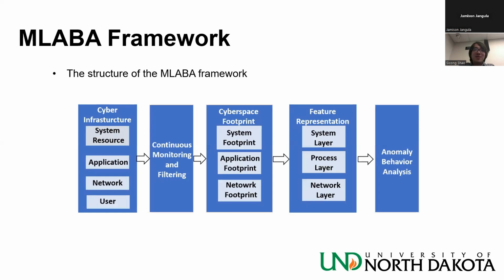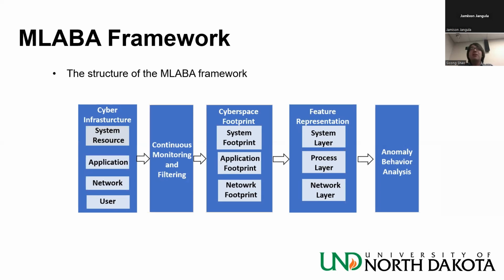This is the high-level structure of the MLBA framework. First, we use a continuous monitoring tool to monitor the cyber infrastructure consisting of system, data, application, and users. The cyberspace footprint, which means selected measurements from the cyber infrastructure, is used to extract the system footprint, application footprint, and network footprint.